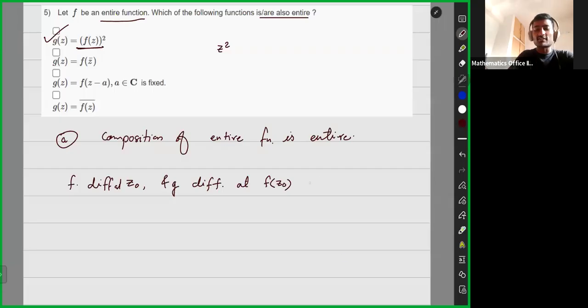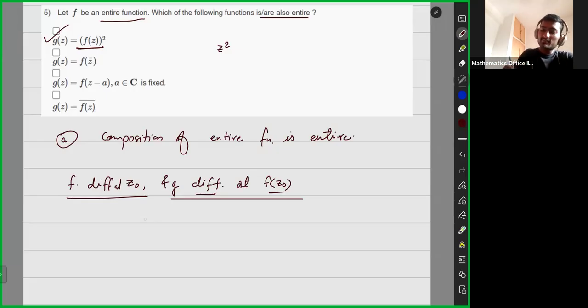This would give the composition is differentiable at z naught. These two things would be the hypothesis. Saying g is differentiable at z naught is incorrect. Its correct way is saying g is differentiable at f of z naught.